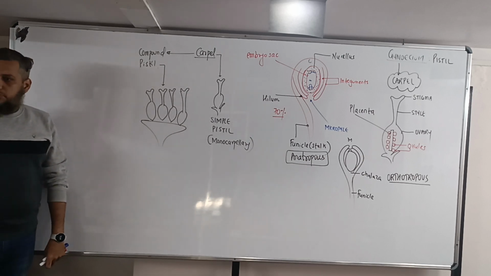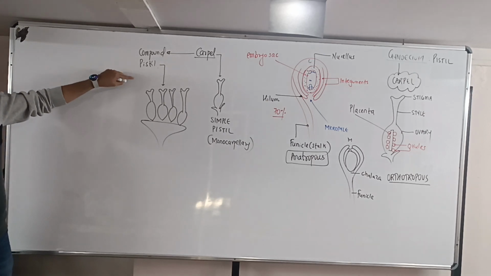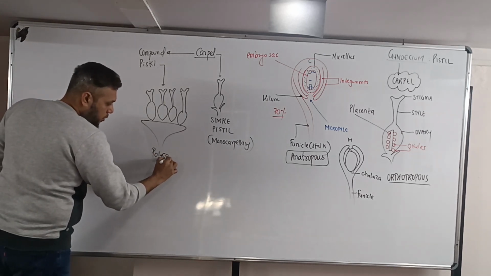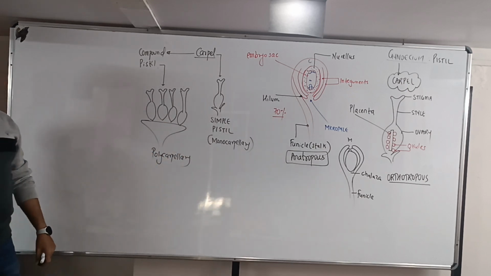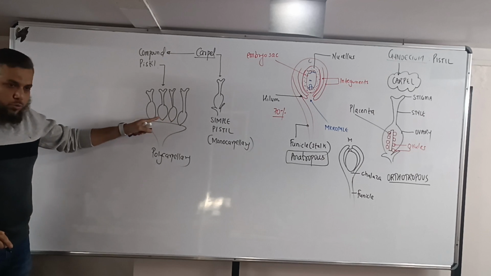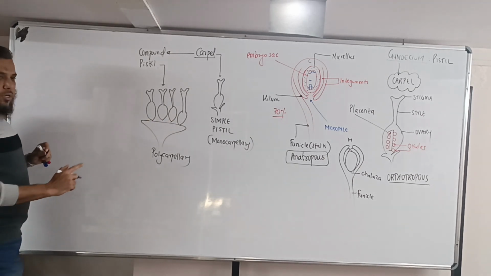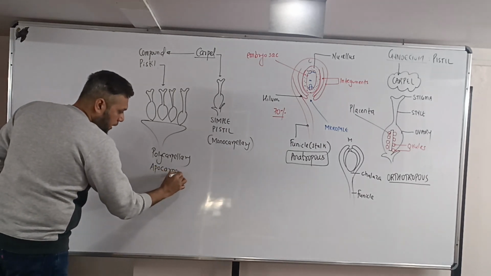Free from each other. Do you remember this condition? So is it monocarpellary or polycarpellary? Polycarpellary. Why do you say polycarpellary? Because there are many carpels. But are these carpels fused with each other? No. So this is called polycarpellary apocarpous gynoecium.